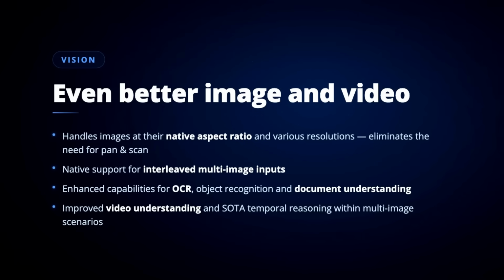The Gemma 4 models basically have native support for interleaved multi-image inputs. My guess from playing with it is that it's had a decent amount of OCR and document understanding training in there. And because you can do that multi-image input, you can actually do video here and have reasoning across those multiple images.